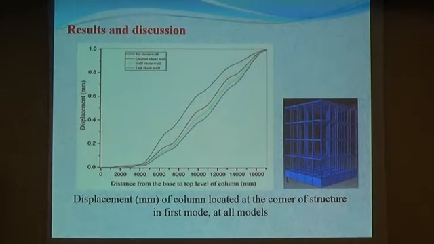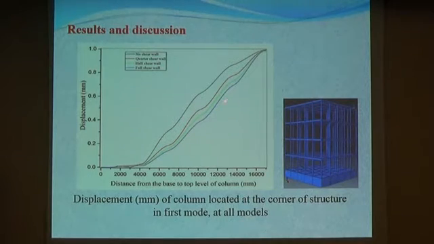The second part is displacement. We consider this column, which is located at the corner. The overall displacement is almost the same from 0 up to the top. But it changes when we have the full shear wall and when we have no shear wall.